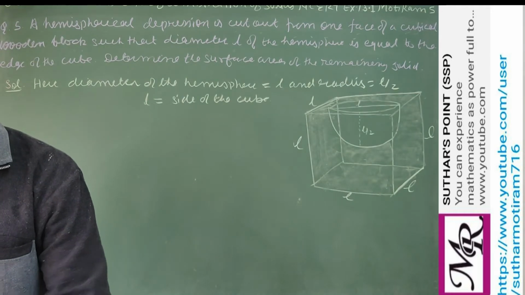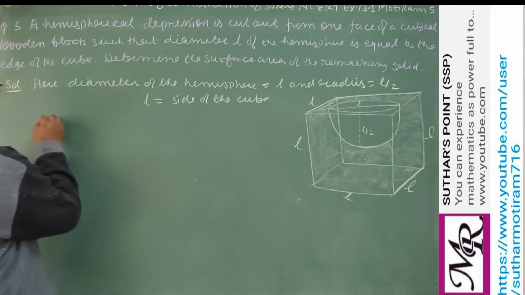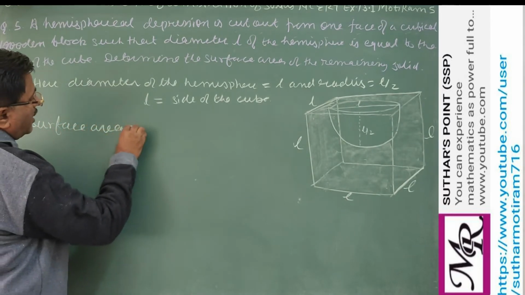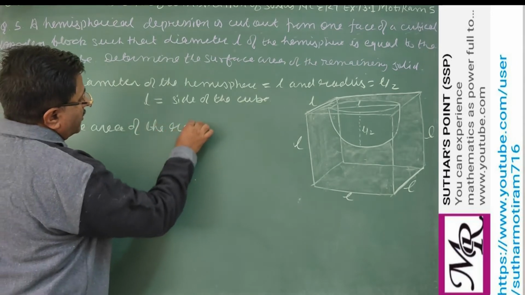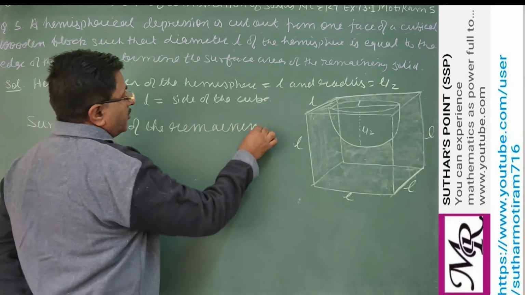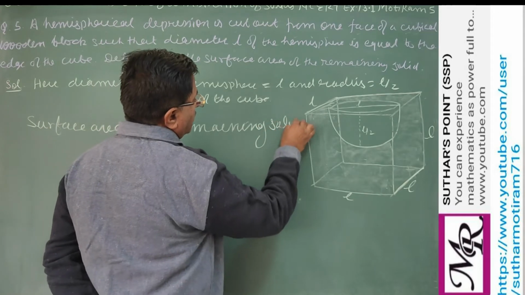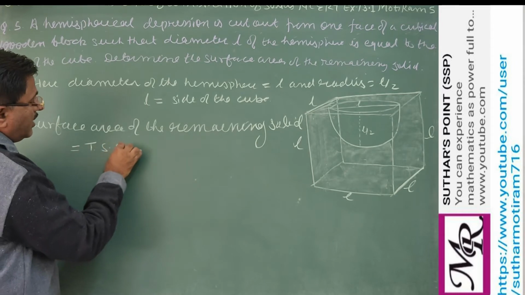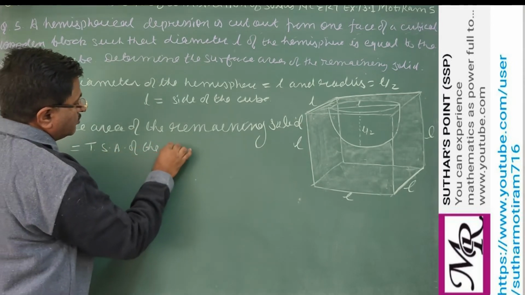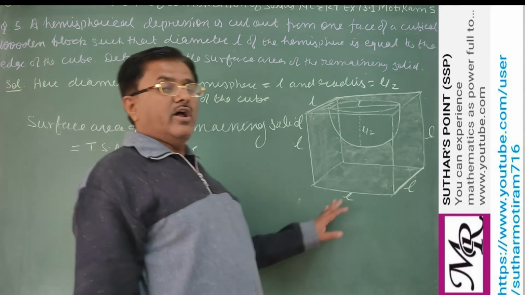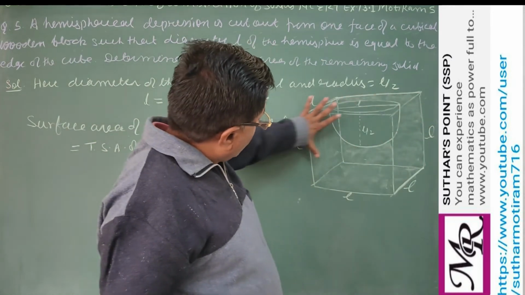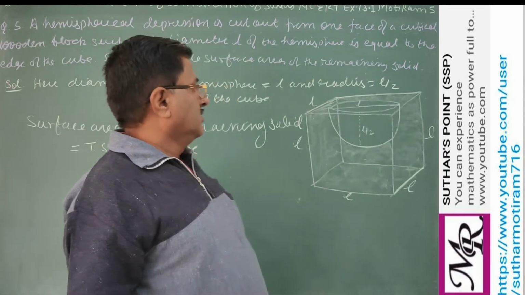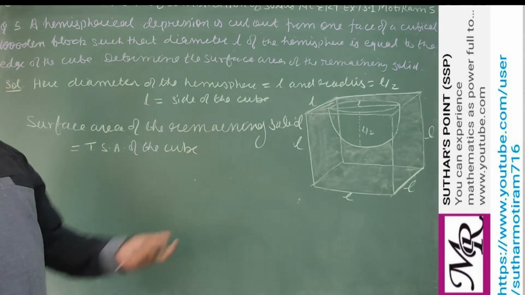Now we have to find the surface area of the remaining solid. So we may use the formula: surface area of the remaining solid equals total surface area of the cube. Remaining means you can find the surface area of the whole cube.